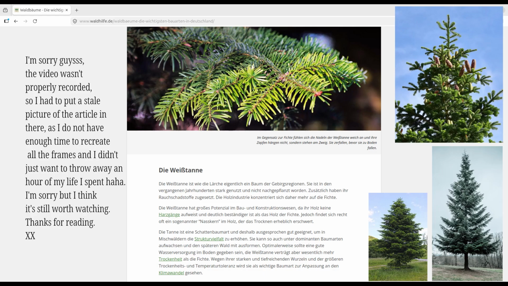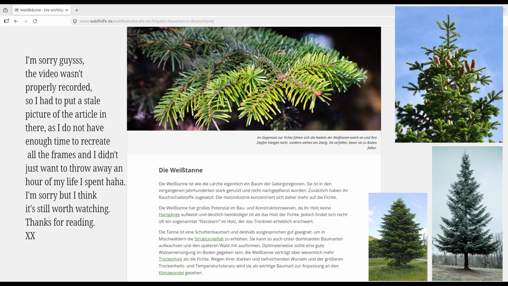Es weist auf, it points to, it shows something. Es weist keine Herzgänge auf, for example. So, it doesn't show any resin veins, you could say.